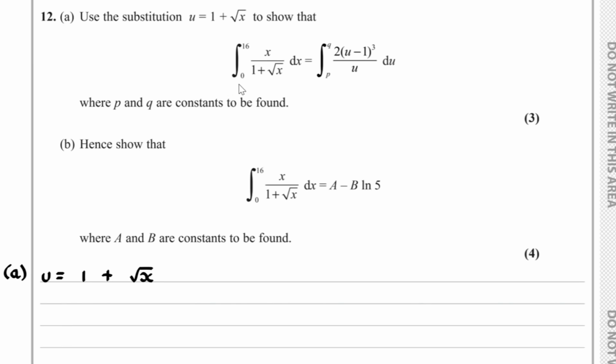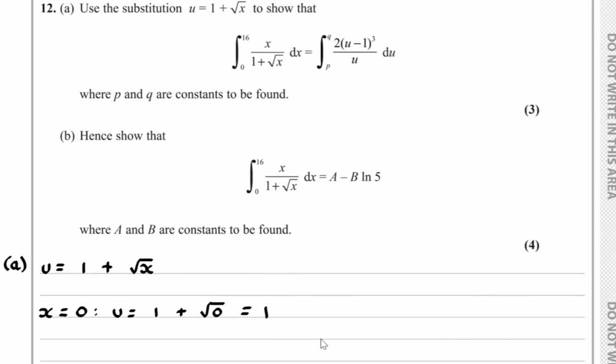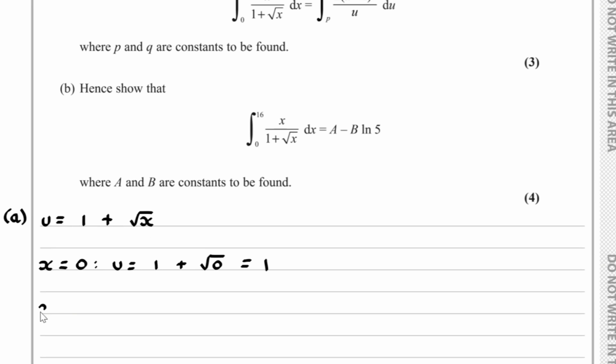When x is 0, u is equal to 1 plus square root 0, which is 1. And when x is 16, u equals 1 plus square root 16, 1 plus 4 is equal to 5.